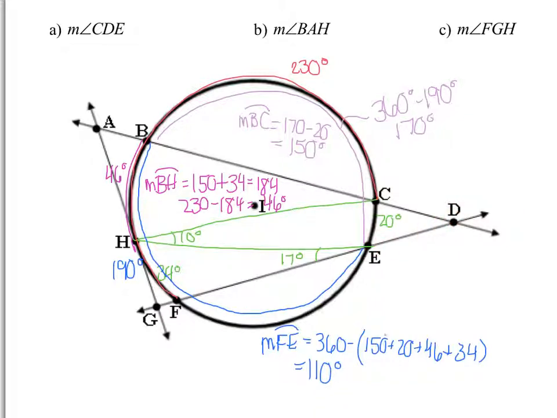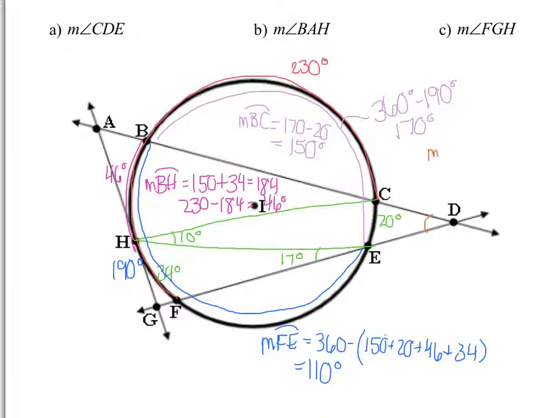I see that this angle measure is this arc minus this arc.